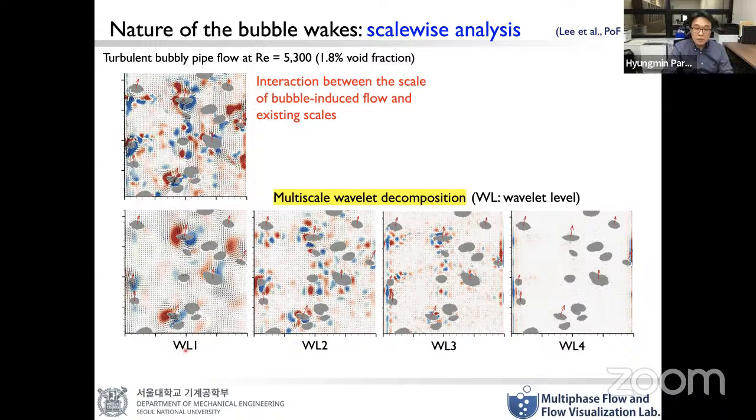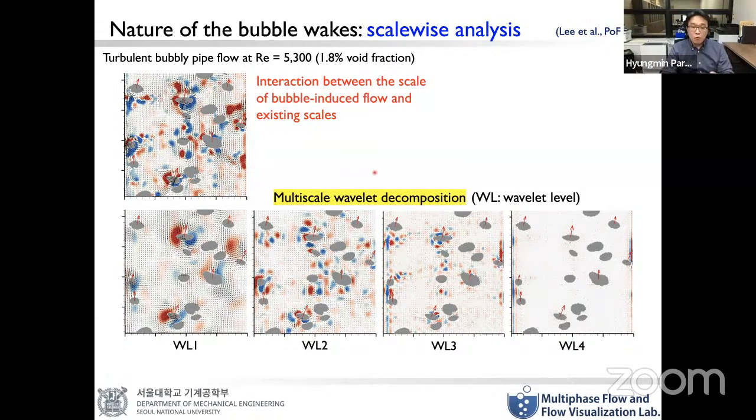Here, WL means the wavelet level, so WL1 is the largest scale, and WL4 means the smallest scale. The number of decomposed scales is determined by the resolution of our measurement. If you compare this decomposed structure and the original instantaneous structure, we can judge that wavelet level 2 is quite similar to the original one, right?